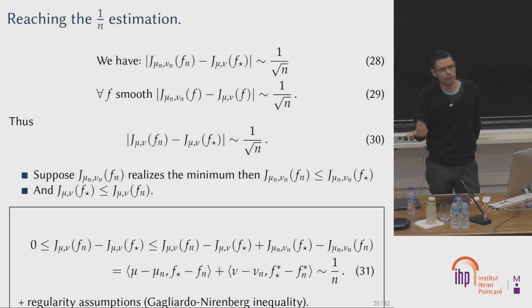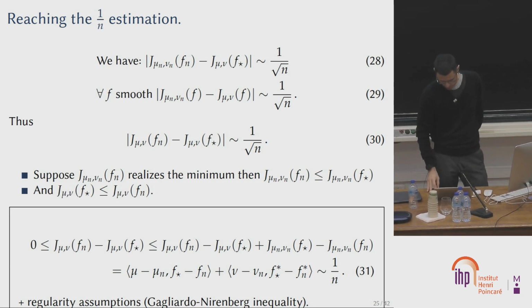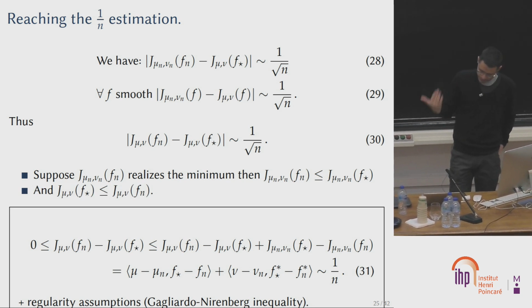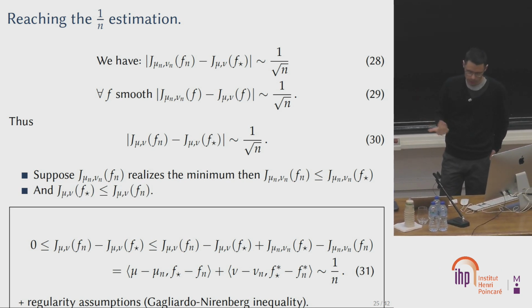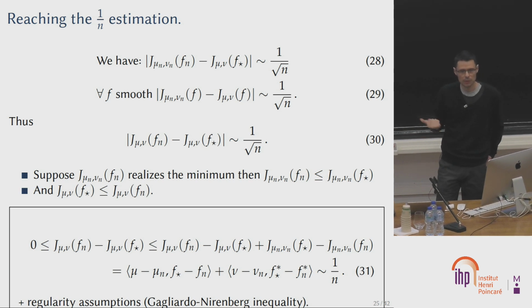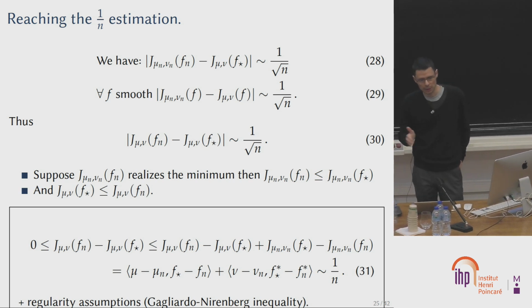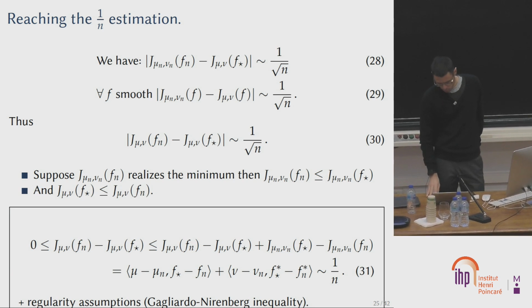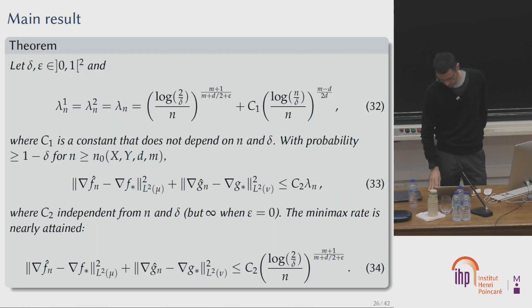So you can imagine that you pass to the 1 over n rate. But to make this work in practice, we also need regularity assumptions, and we need to use the Gagliardo-Nirenberg inequality, but those are technical details.